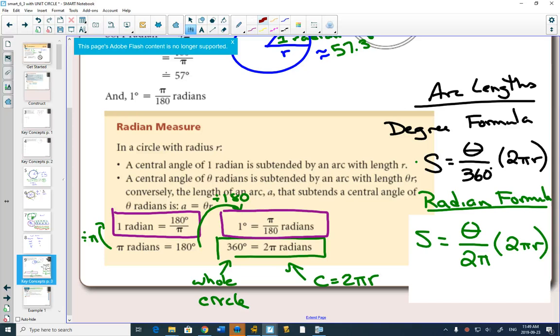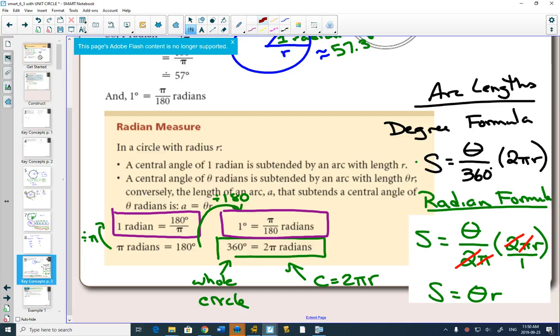Can you see that the 2's would cancel out and the pi's would cancel out? Because this is like a fraction over 1. And the formula is just the angle times the radius is your arc length, which makes sense.